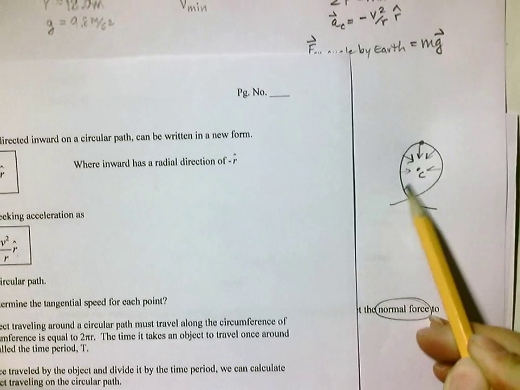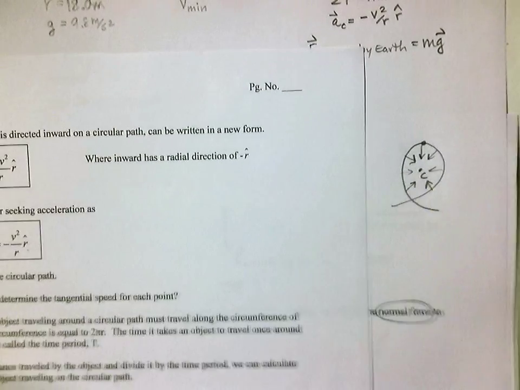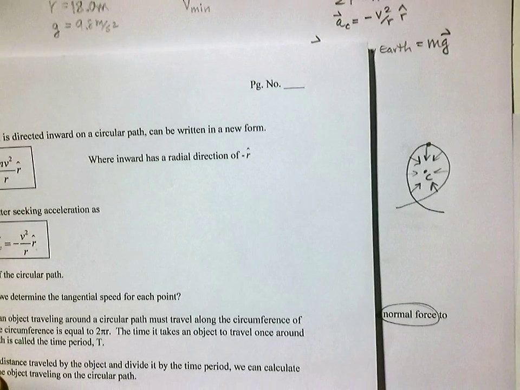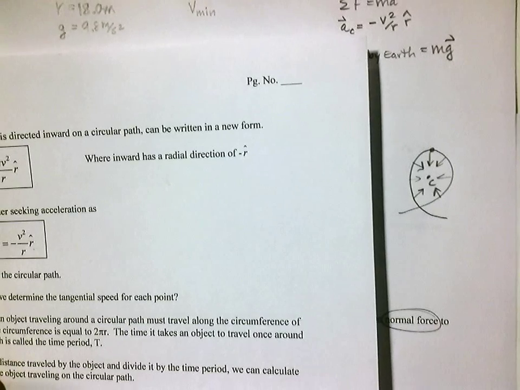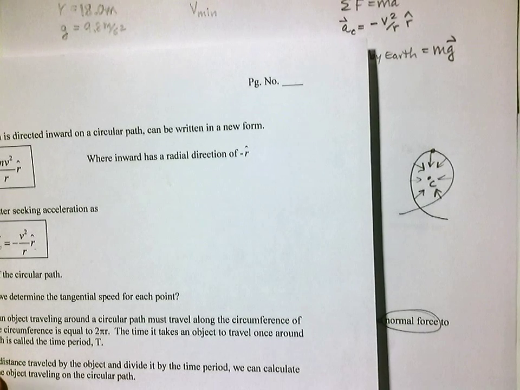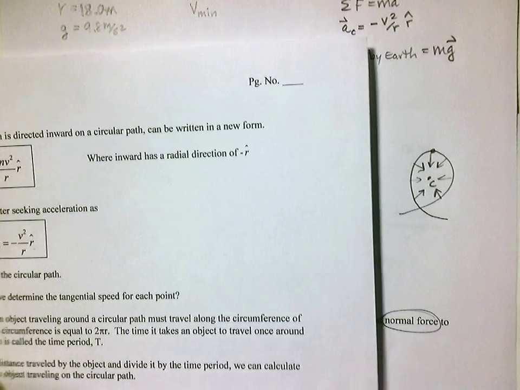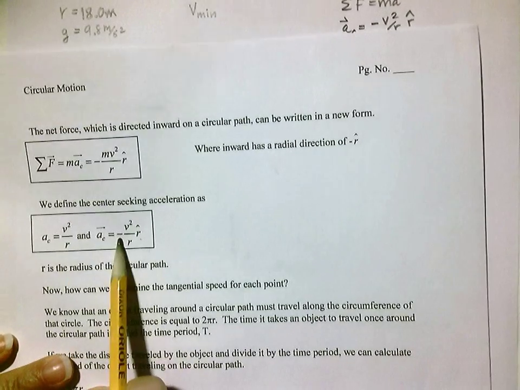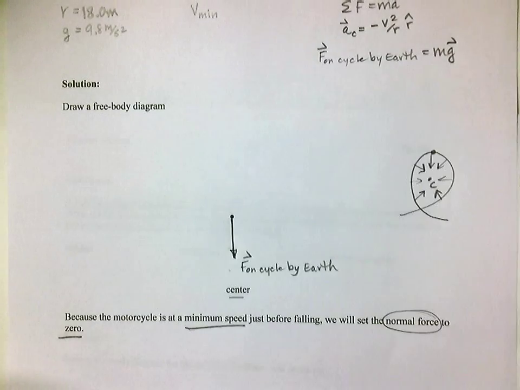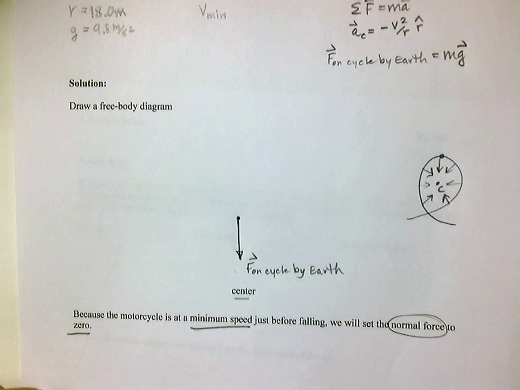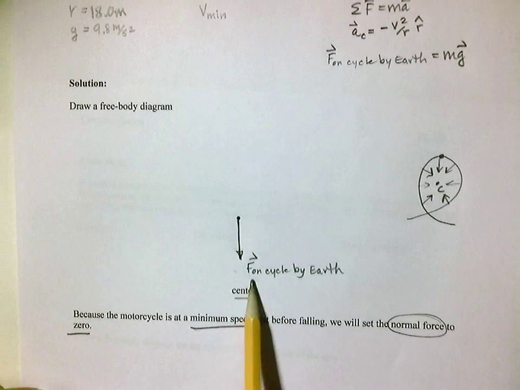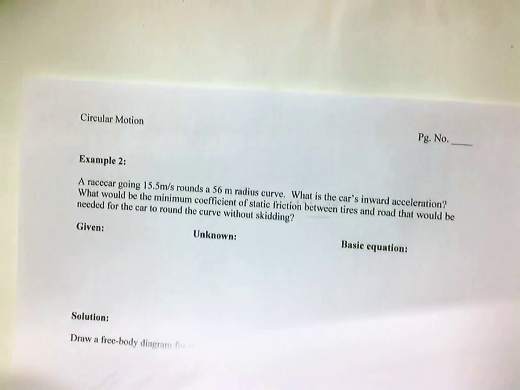R hat gives you the ability to say it always points to the center of the circle. So that's why I like using negative r hat when it comes to the formula right here. But when we're solving this problem, it's not realistic for us to use negative r hat because we already know the direction of this force.